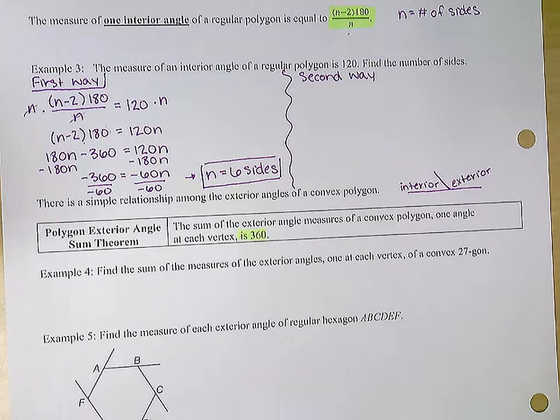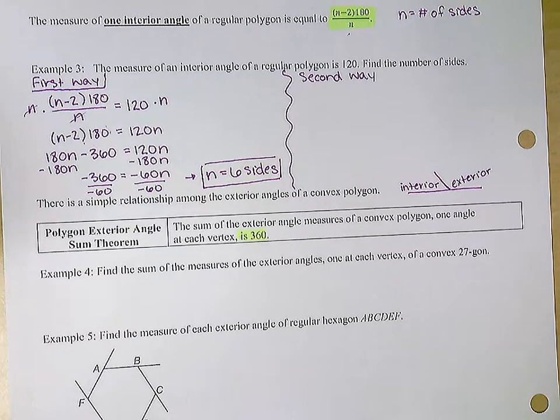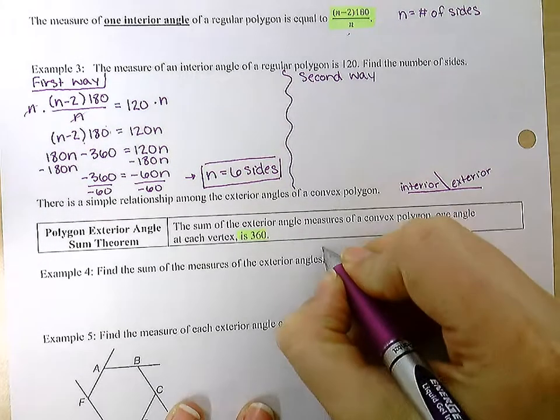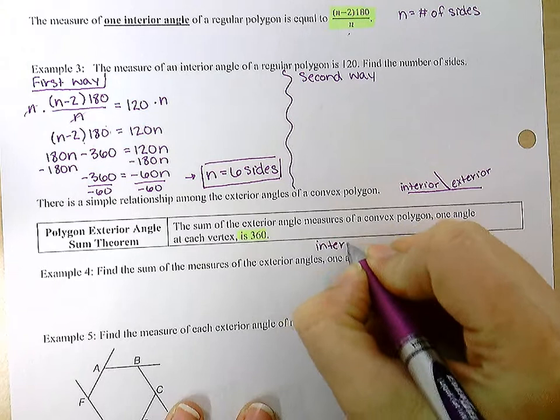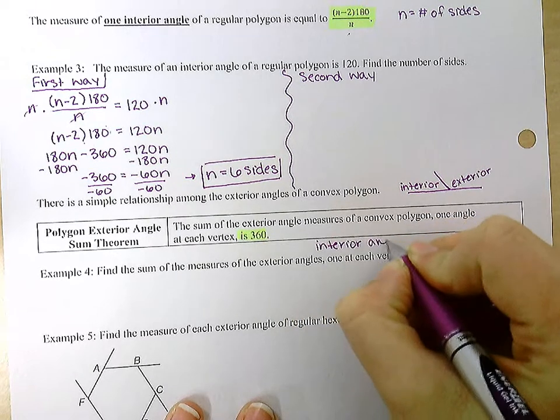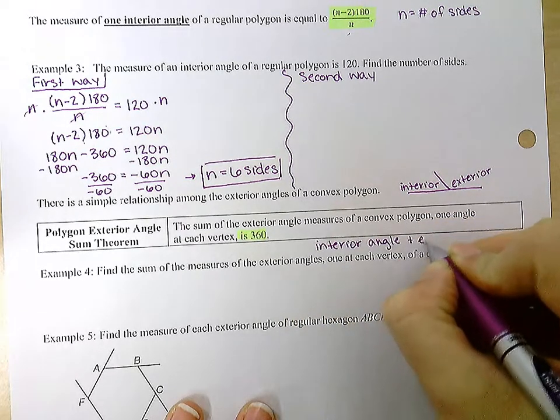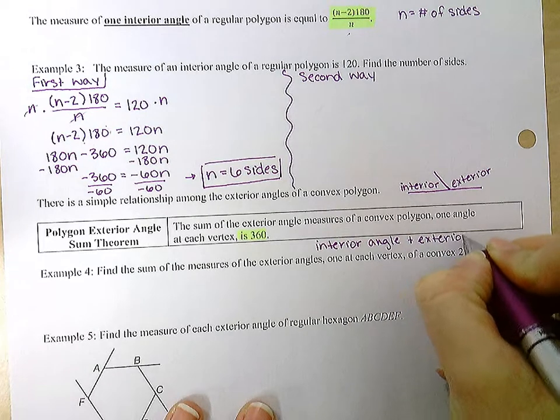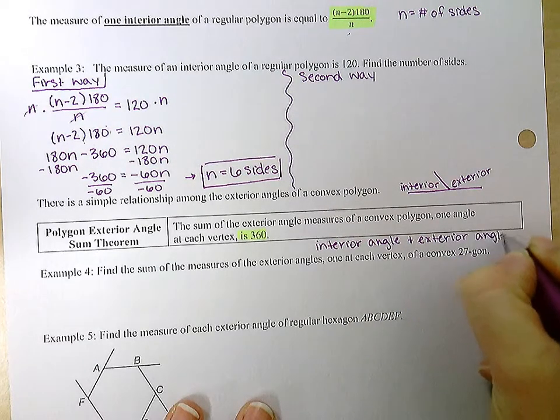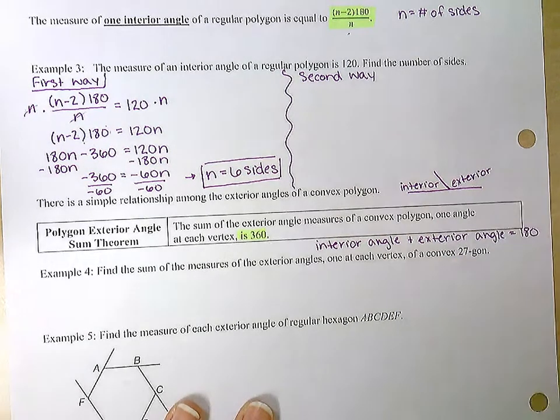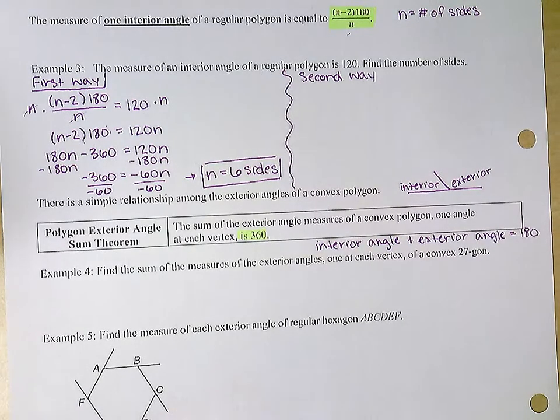They make a straight line, meaning if I were to add them together, what would they have to equal? 180. Okay, so if you take your interior angle plus your exterior angle, it should equal 180. Okay, if you add those two together, it is equal to 180.